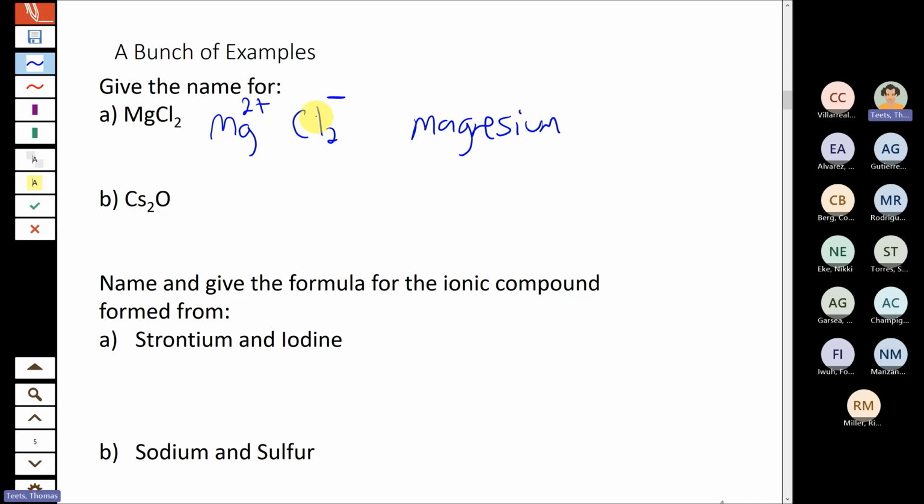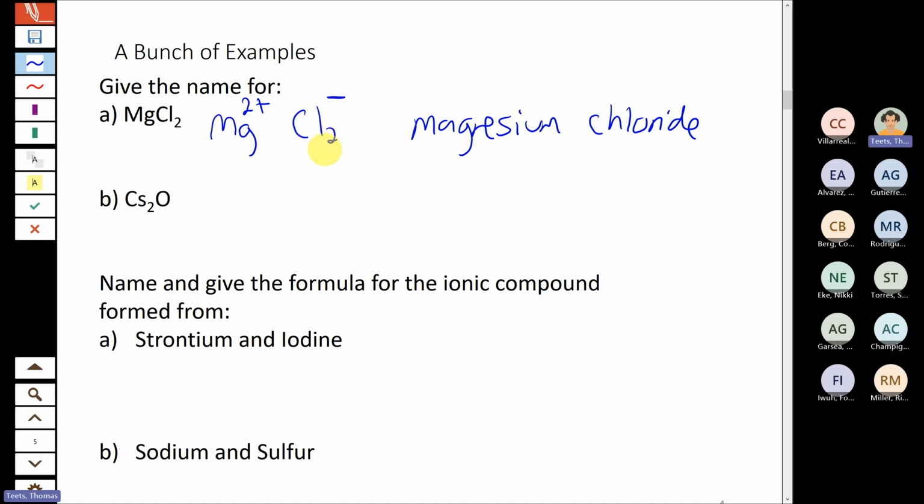And then the nonmetal, which is chlorine, we change the ending to IDE, so it becomes magnesium chloride. And we don't need anything in the name to tell us that there's 2 chlorides in there. We just say magnesium chloride because magnesium would always have a +2 charge, which means in order to form an ionic compound, it would have to have 2 chlorides. There's no other way about it. Okay? So we just call it magnesium chloride.